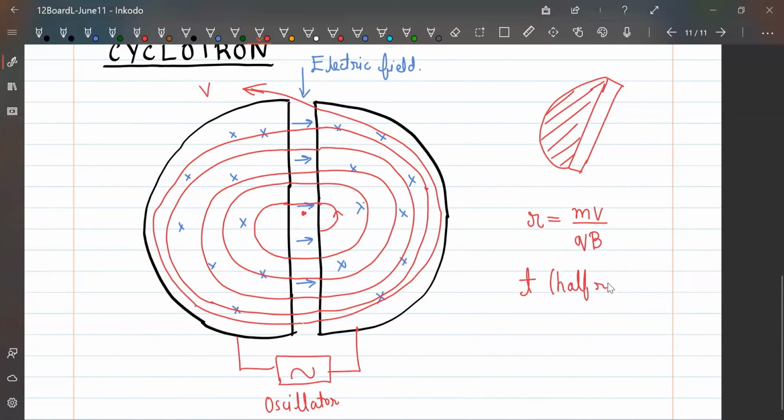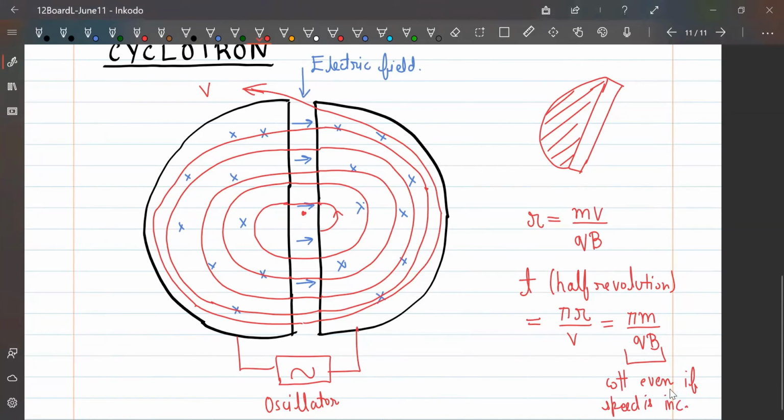For half a revolution, that will be pi r divided by the speed. So r by v is m by qB. From here you can see the time taken inside does not change. It remains constant even if the speed is increasing.